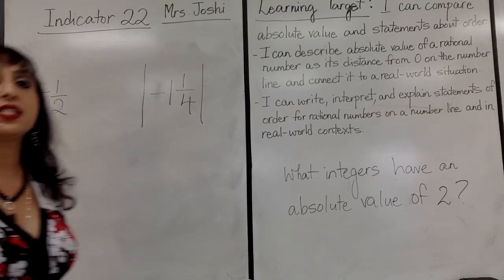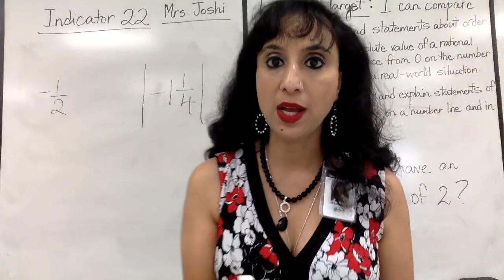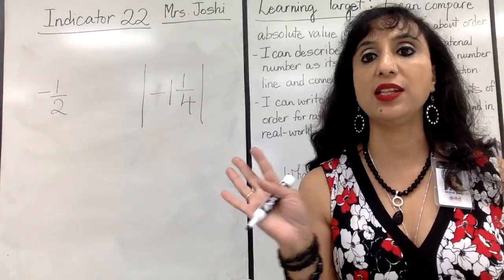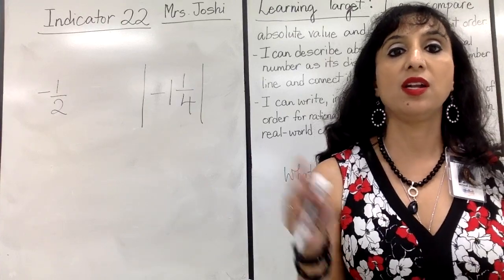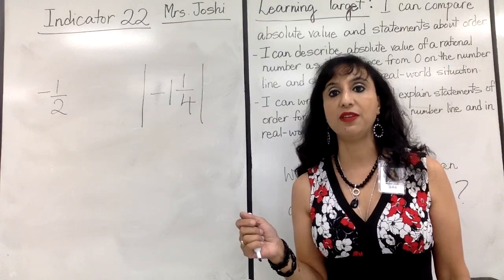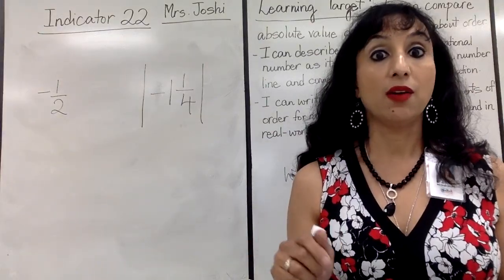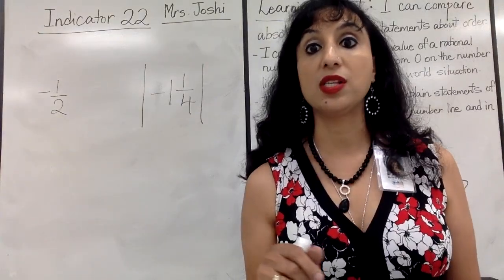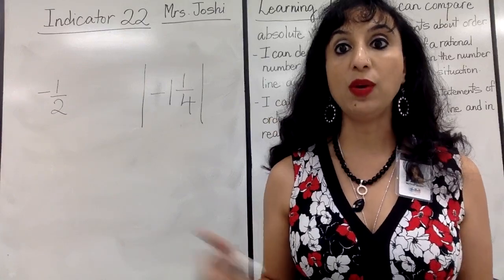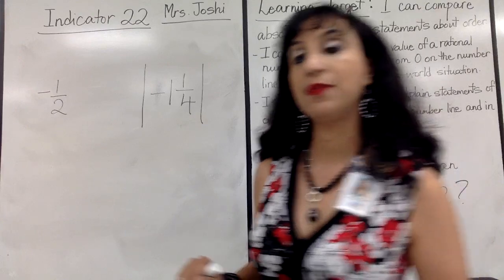So first step, find the answer for the absolute value before you start saying this is greater, this is less. Looking at that, you're thinking negative 1/2 is definitely going to be greater than negative 1 1/4 because it is to the right on the number line. But now we have the absolute value sign.